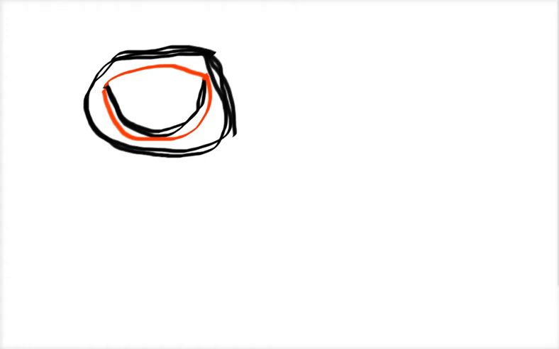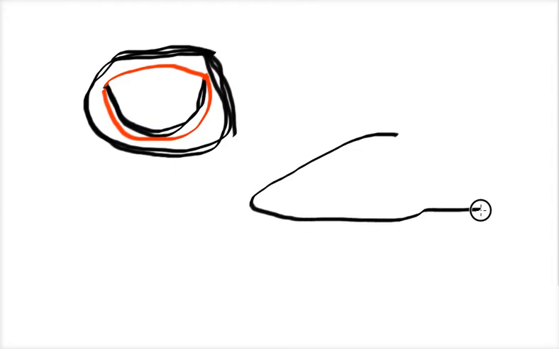If we were looking at this in a long axis of the heart, we'll just draw that real quick. So this is the left ventricle and the left atrium. Here would be the aorta.